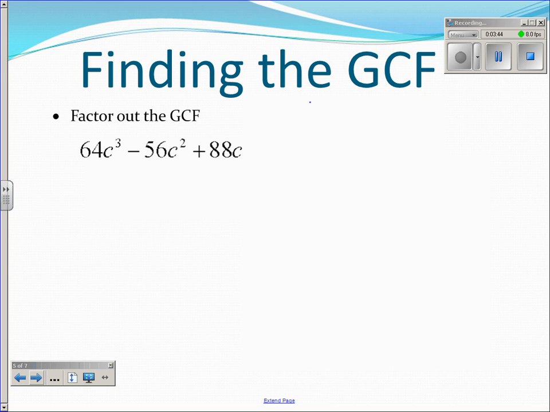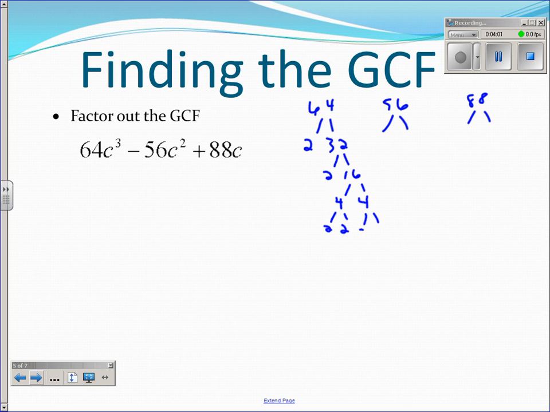Now we need to tree 64, 56, and 88. 32 is not prime, so we need to factor it more. So all we want is prime numbers, and if it's not prime, we're going to keep factoring it till it is. 64, I got 1, 2, 3, 4, 5, 6 2's.